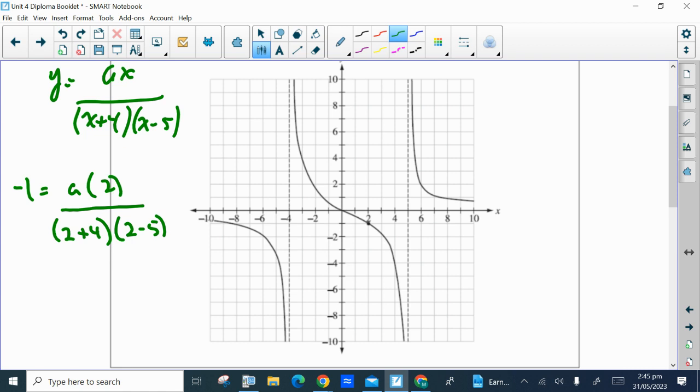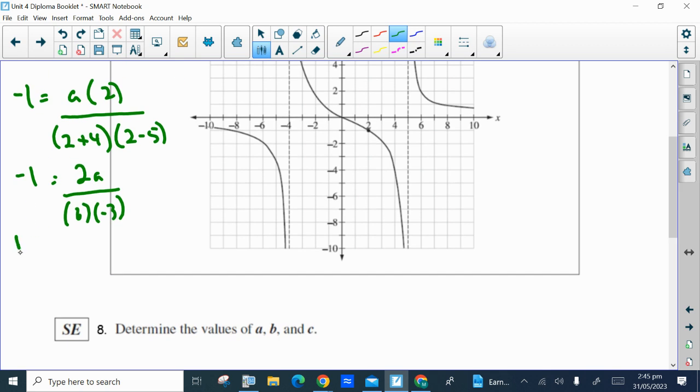It must satisfy the equation. So 2 plus 4 is 6. 2 minus 5 is -3. 6 times -3 is -18. And if we multiply both sides by -18, we'll get positive 18 equaling 2a. So a equals 9.